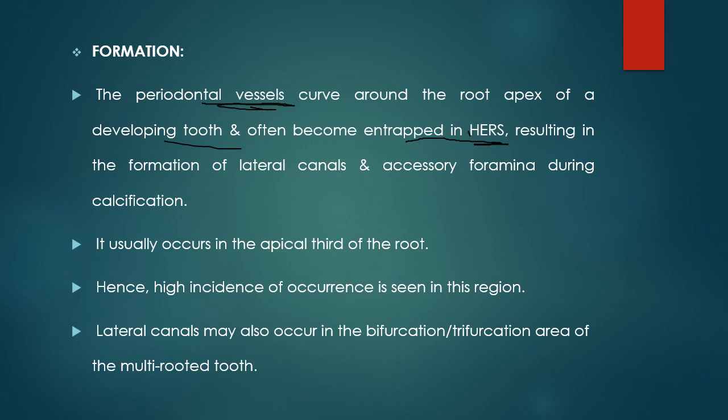Some of the vessels are entrapped in the HERS, which results in the formation of the lateral canals and the accessory foramina during calcification. It generally occurs at the apical third of the root, and hence a high rate of incidence is seen in this region. These lateral canals may also be seen in the furcation or trifurcation area, as I said before.